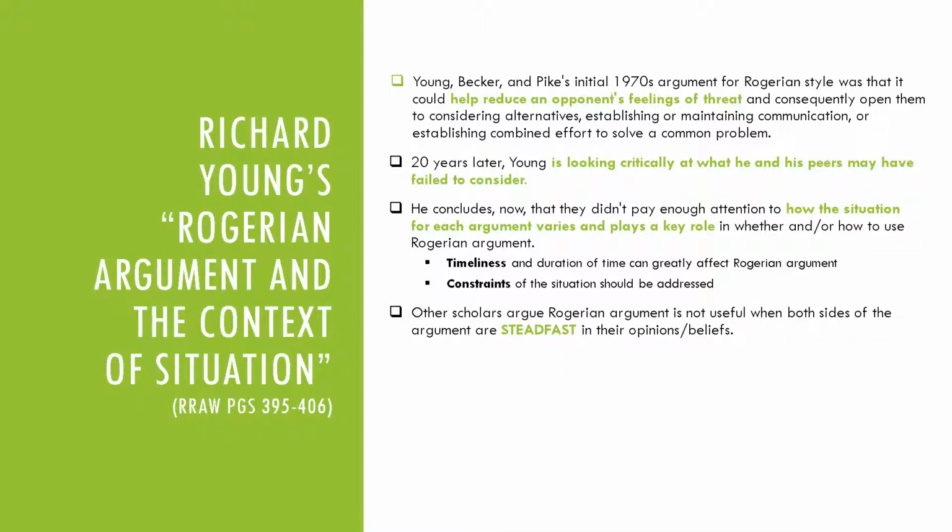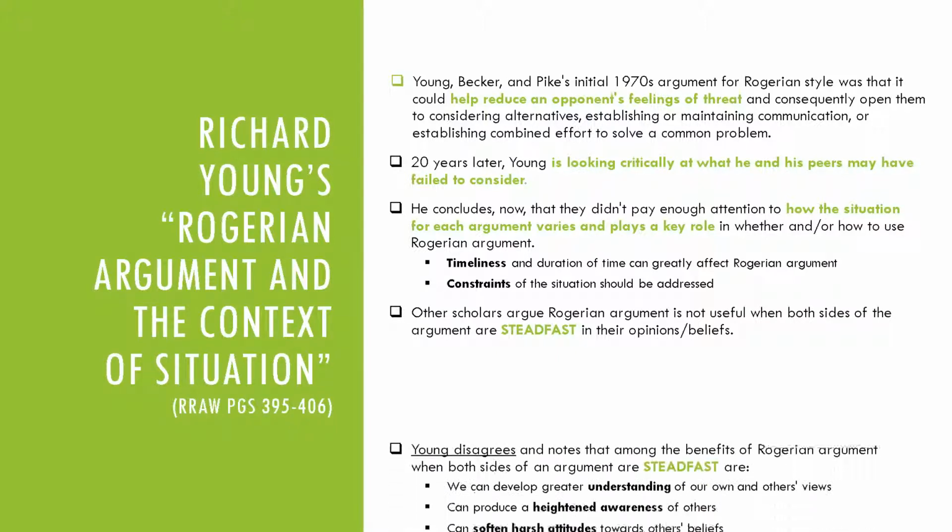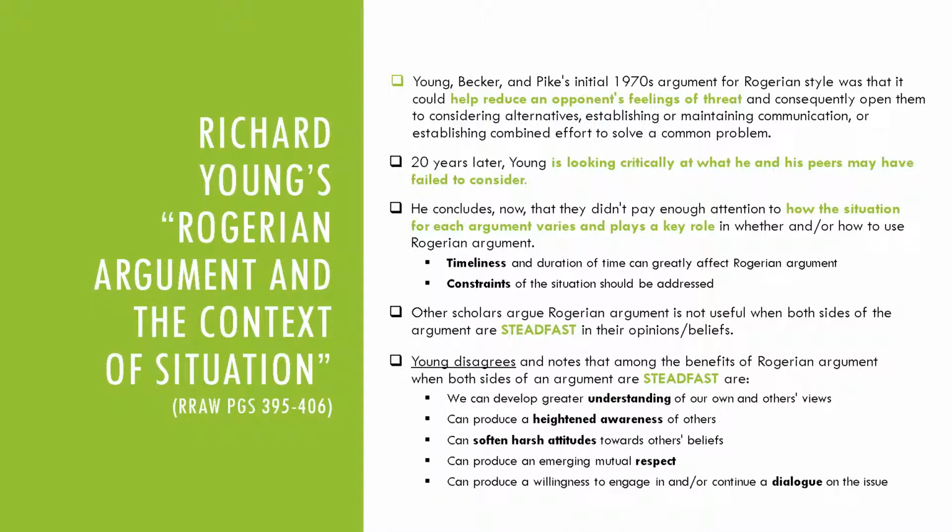Other scholars argued that Rogerian argument is not useful at all when both sides of an argument are steadfast. They believe so heartily in their opinions and their beliefs that they're just not willing to move on anything or open their minds. So some scholars thought it's not useful in that situation, but he actually disagrees and says that there's some benefits to using Rogerian argument even when both sides are steadfast.